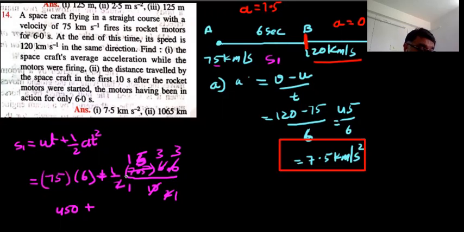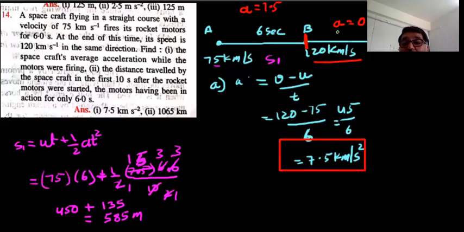So now this will become 15 multiplied by 9, which will be equal to 135. So S1 equals 450 plus 135, which will be 585 meters.